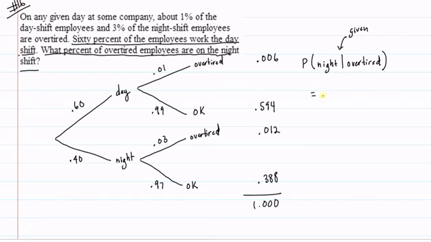For this, you always put the thing that's given on the bottom. It's the foundation of your problem. So all we know is that you're overtired. So we want the probability of overtired. And then on the top, we have both. The probability of night shift and overtired.